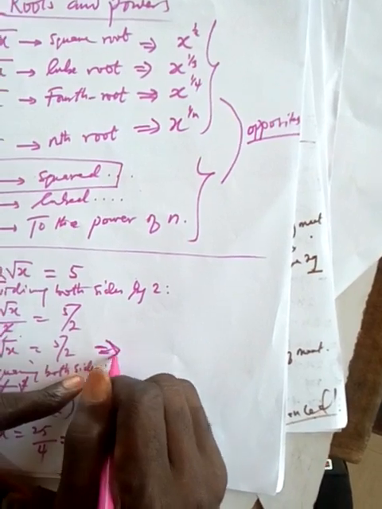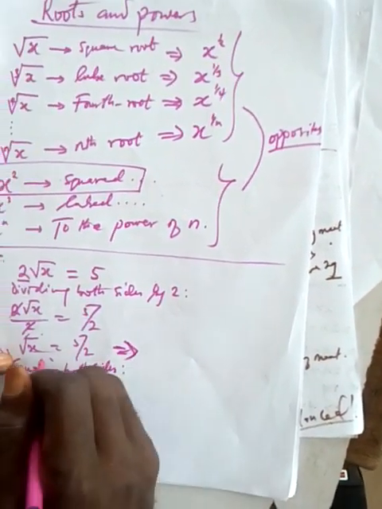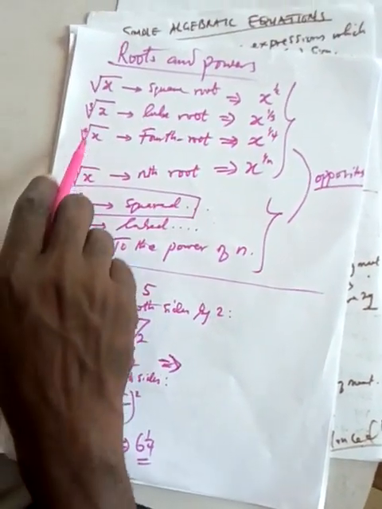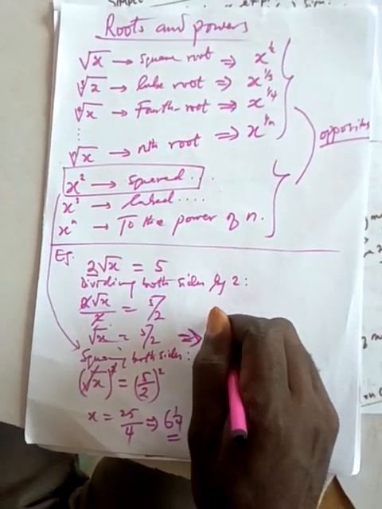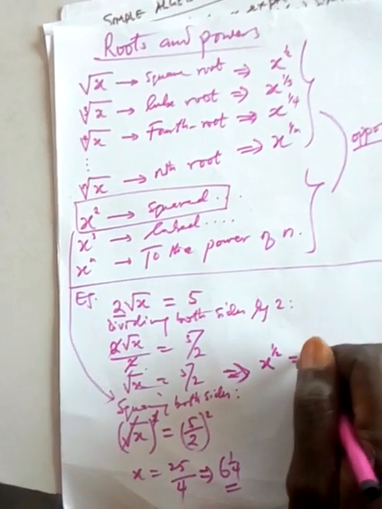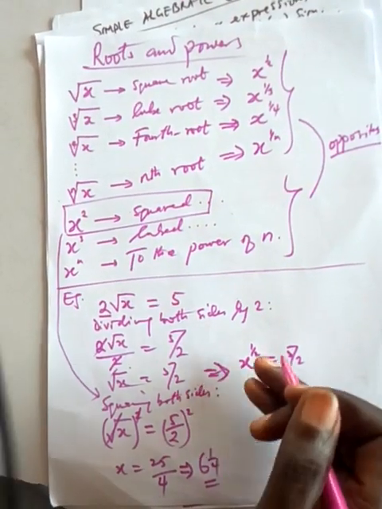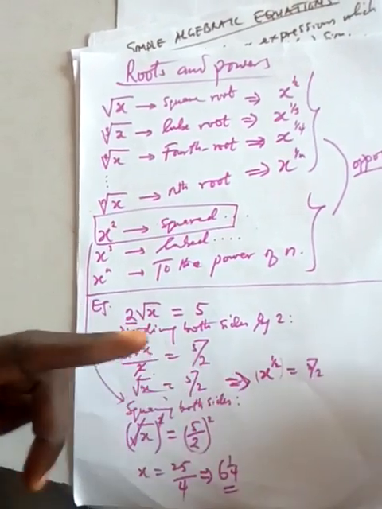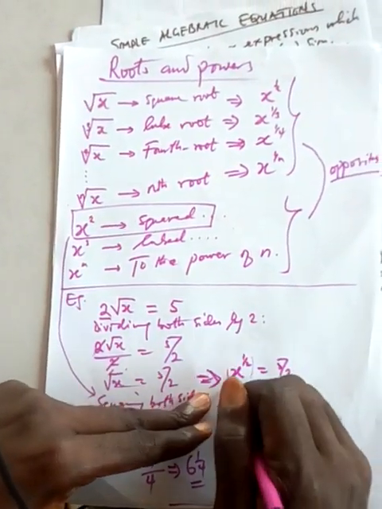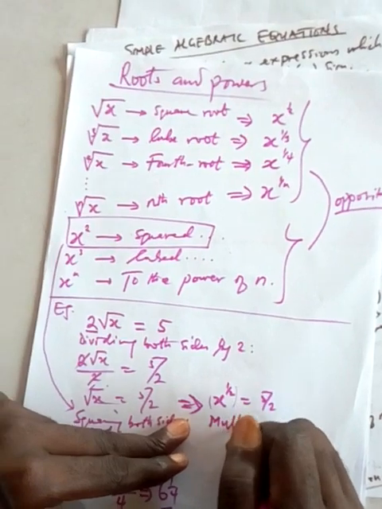Now, look at this implication sign. From here, since I have shown you that square root is raised to the power half, this is x raised to the power half equals 5 over 2. So it is simpler to know that what we have to do to this is to multiply the power by 2. That is squaring.